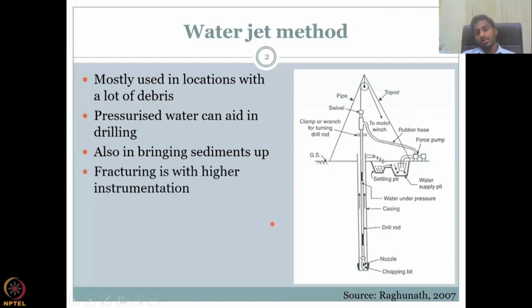Fracturing is with higher instrumentation. So this is the same concept they use in fracturing, which is deep in the bedrock or near the bedrock region, where gases are kept, okay, or they are captured. The gases are captured or locked into the rocks because in the rock formation, sometimes there is degassing and the gas doesn't come out.